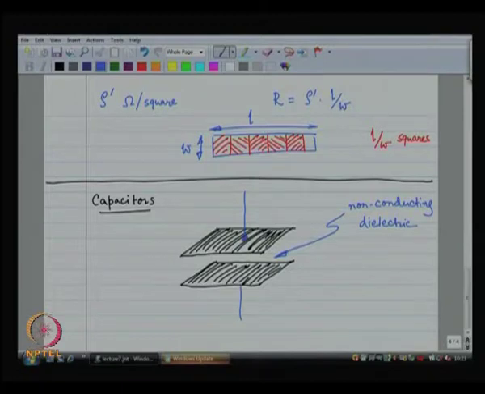If they are not separated by a non-conducting dielectric, it does not look like a capacitor anymore, it looks like a resistor or something closer to that, a wire, short circuit. As long as there is a non-conducting dielectric between the two plates, anything remotely looking like plates looks like a capacitor. And what is the capacitance?